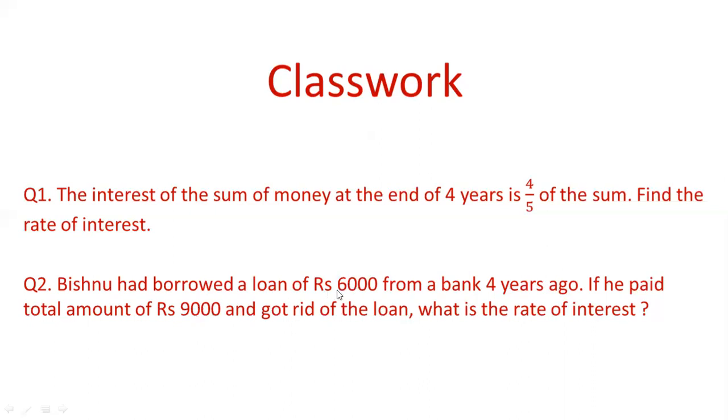Then amount minus principal gives the interest. That interest will be used in this question to find the rate of interest. Rate of interest equals I into 100 by principal into time. Then you will get the value of the rate of interest. You can do it easily now. If confused, you can consult the previous examples also.